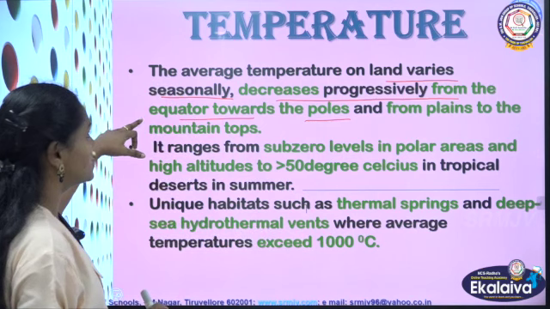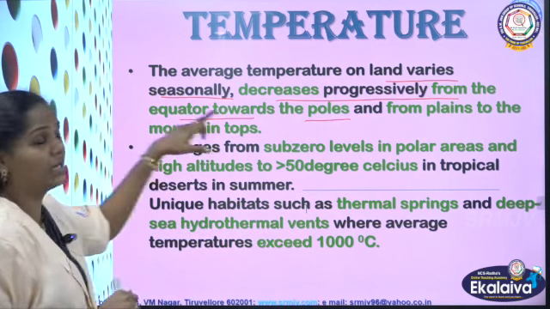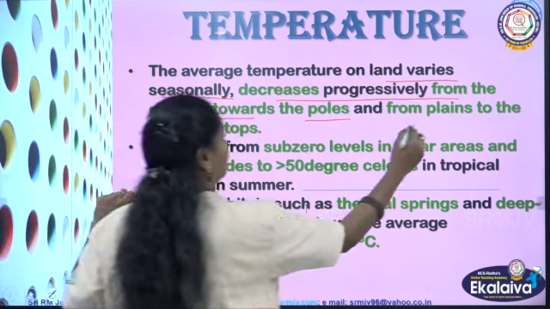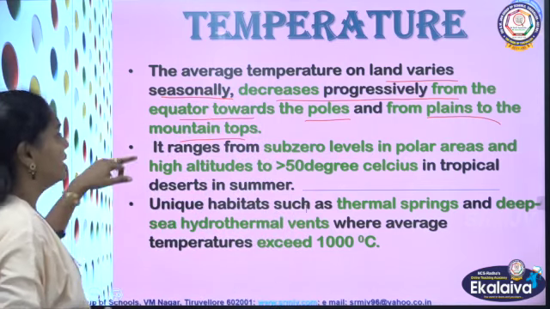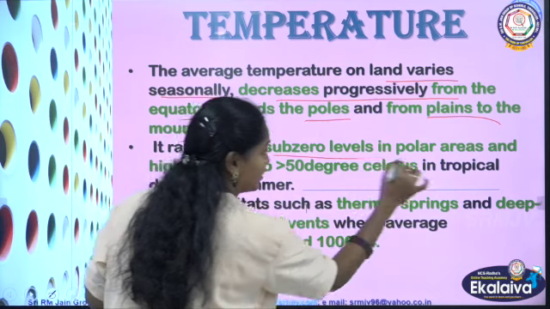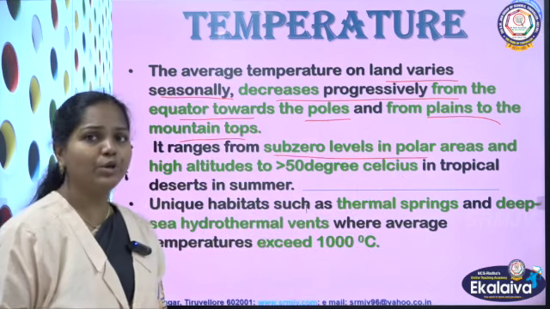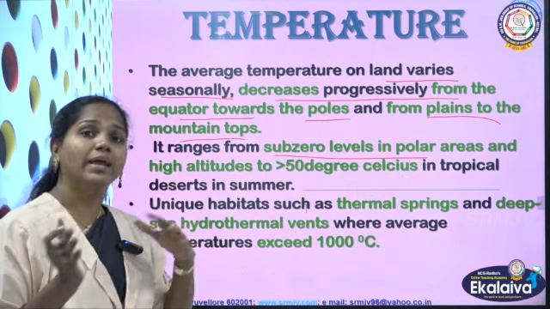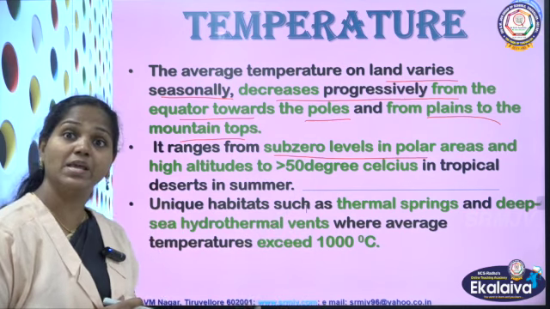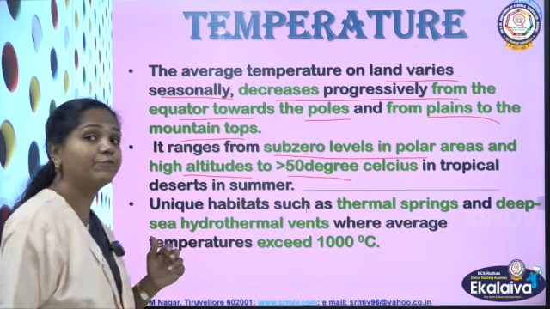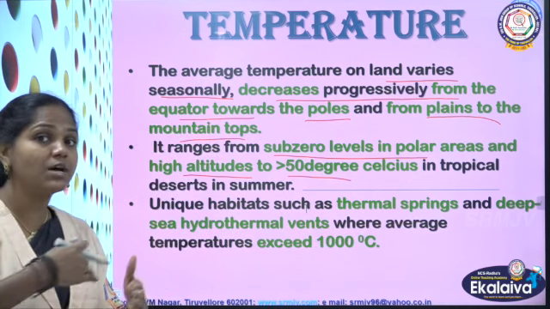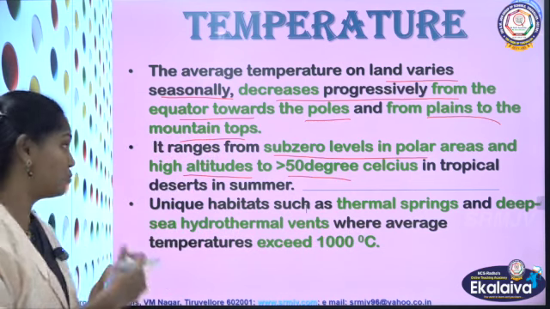It varies from the equator to the poles and from the plains to the mountain tops, the altitudes. It ranges from sub-zero levels in polar areas, where it goes into minus degrees, to greater than 50 degrees Celsius in other regions. This is how the temperature varies from place to place.